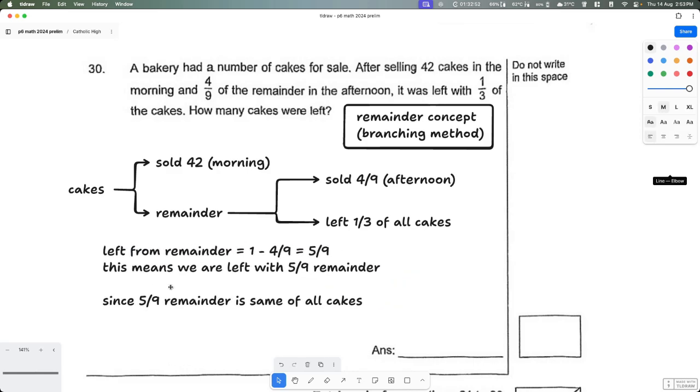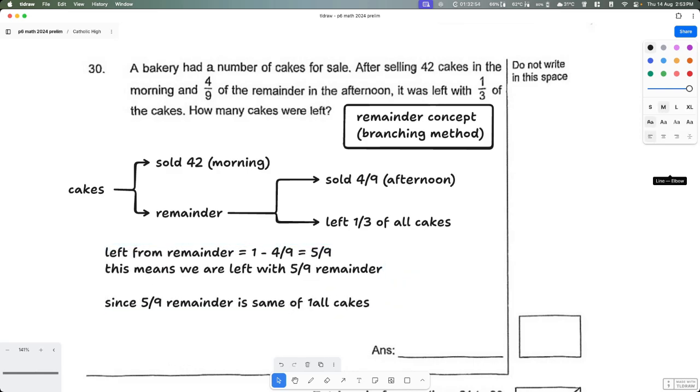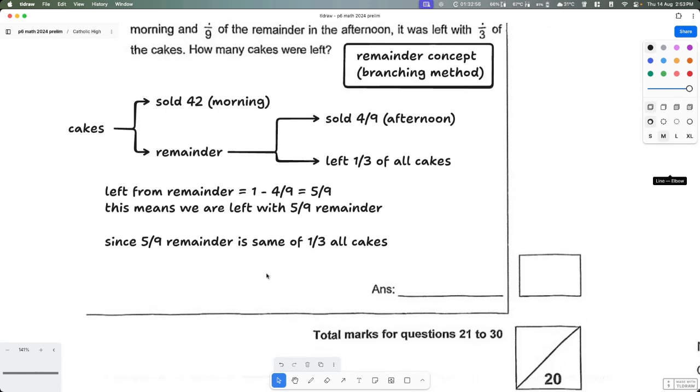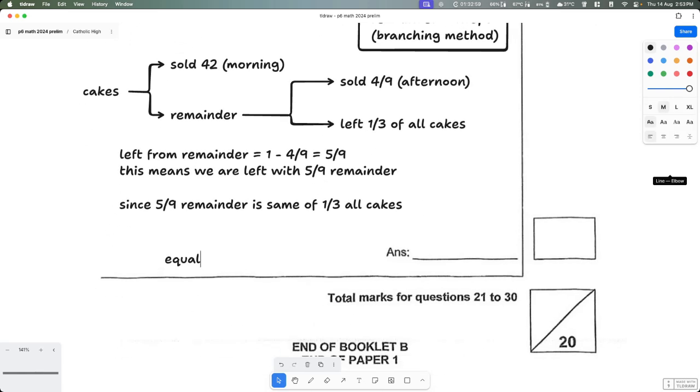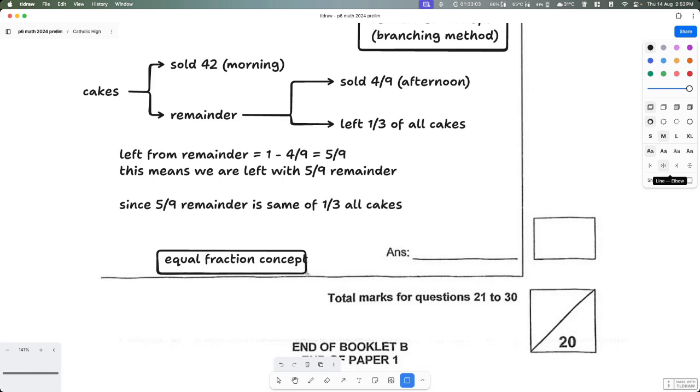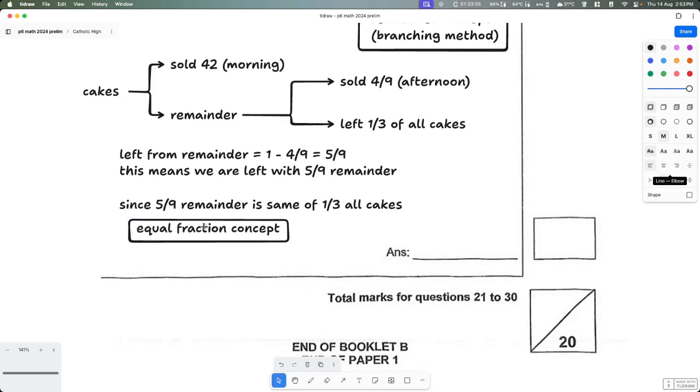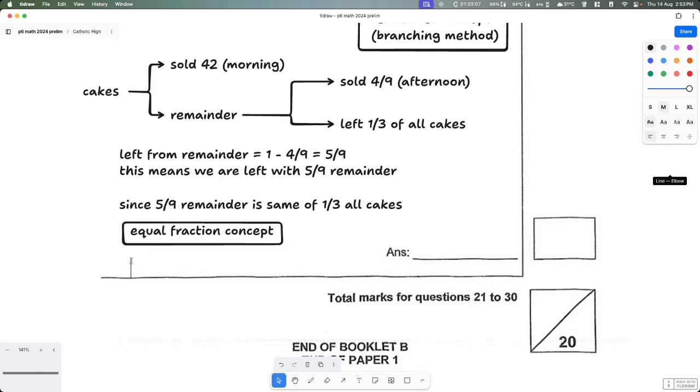So that means we have another one which is called the equal fraction concept. Okay, gonna put like this over here. So that means 5 over 9 remainder is equal to one third of all cakes.